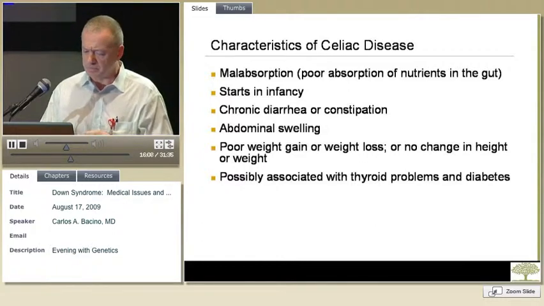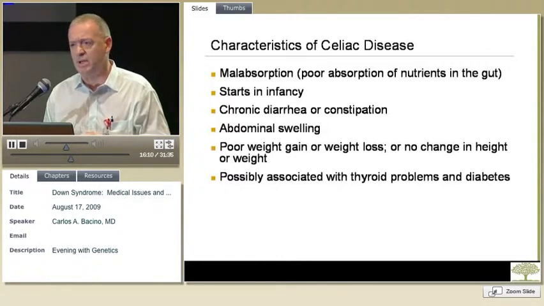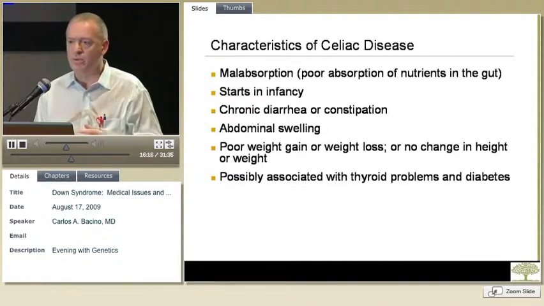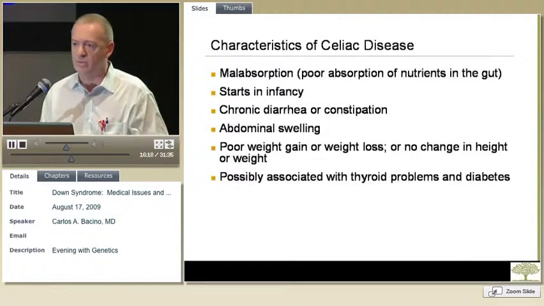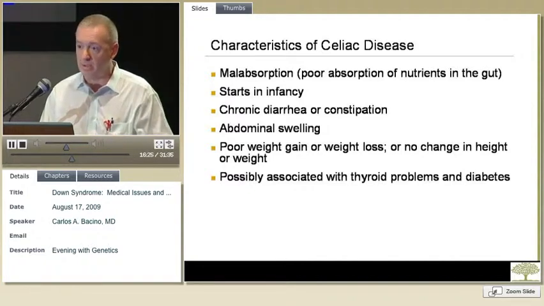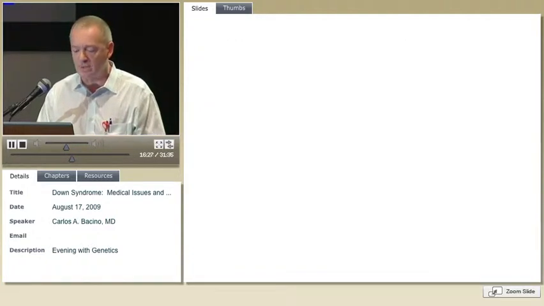Sometimes it can be difficult to recognize because it could be fairly silent. That's one of the things that we now recognize has to be checked in individuals with Down syndrome, because you may actually miss it fairly easily.